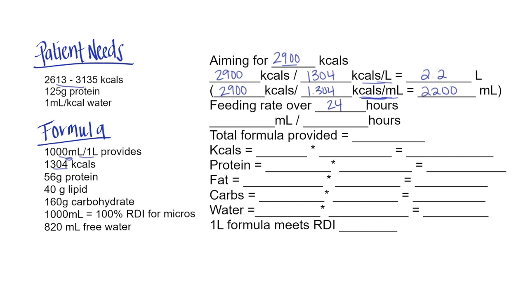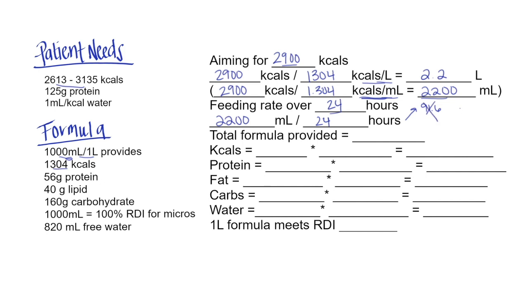Knowing that I need to get to a total number of 2,200 mils per day, that's going to be here on my numerator, and I know that I'm feeding over 24 hours, which means my denominator puts me here. Now, if you do this math with me, you'll note that this ends up being 91.6 mils per hour, which is not beautiful.